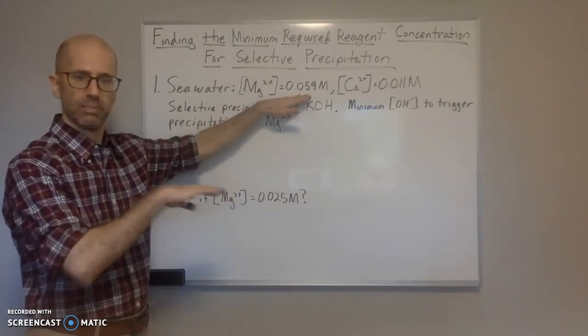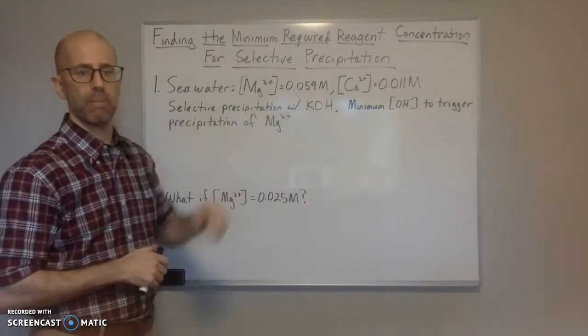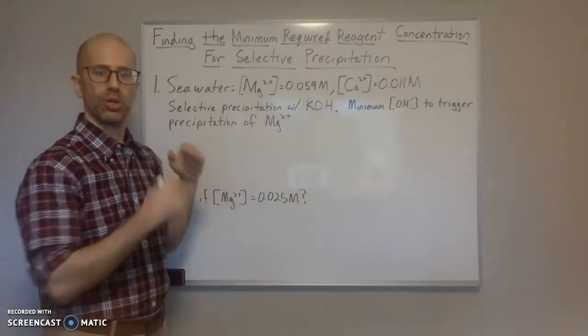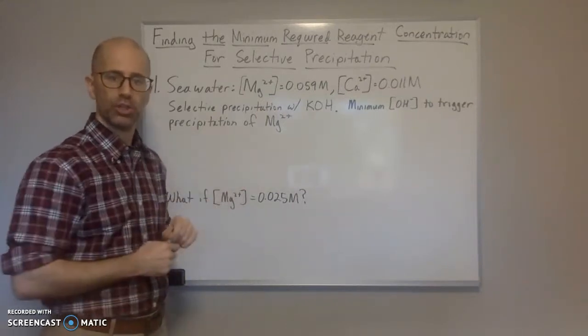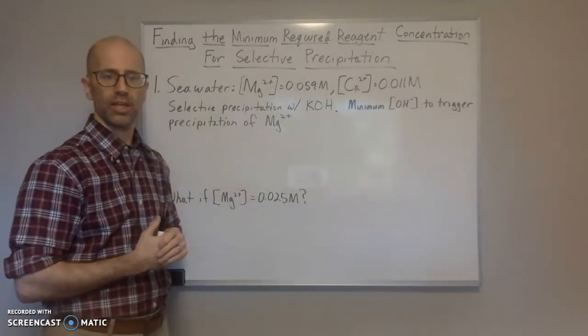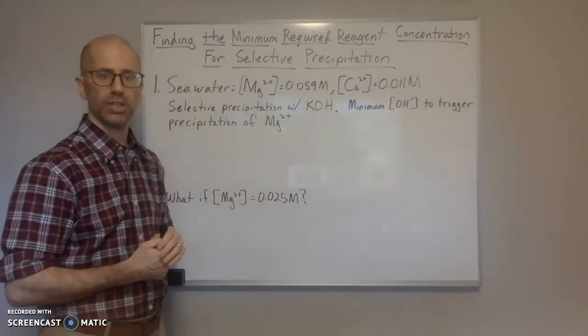So that's when they're going to begin to precipitate. That's going to give you the minimum amount. And so once you set those equal, you just set KSP equal to Q and then solve for the ion that you are interested in.